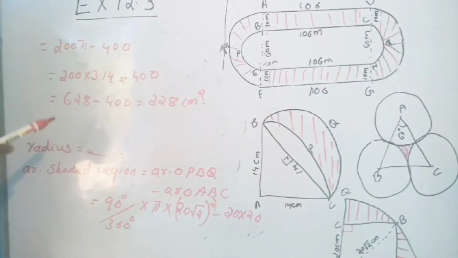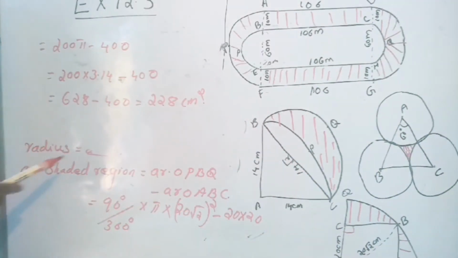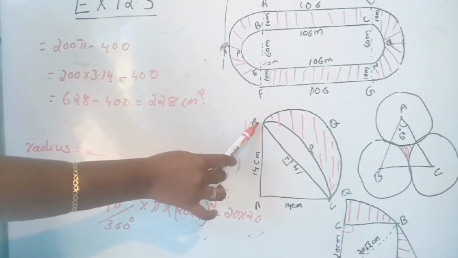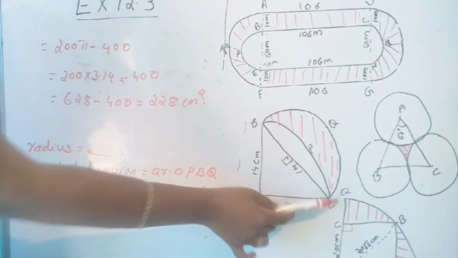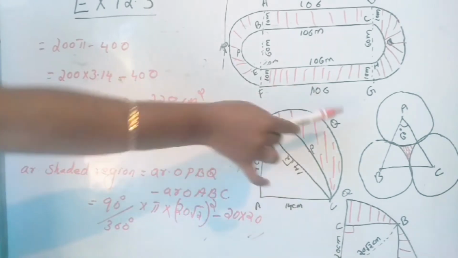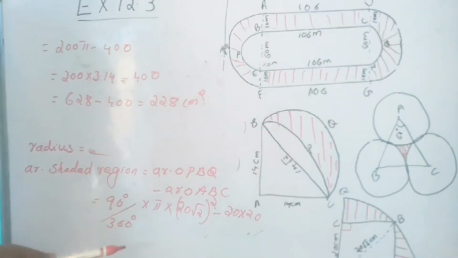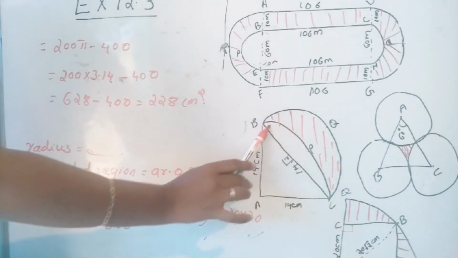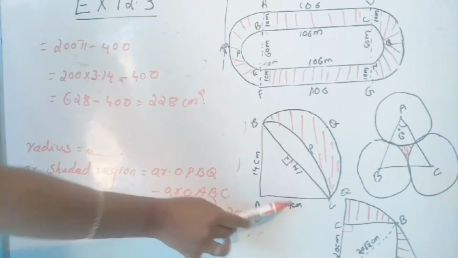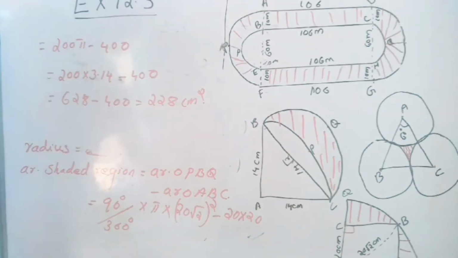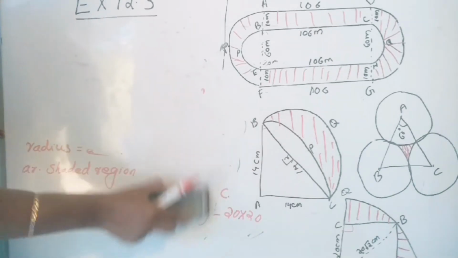This is our quadrant, and this BC is the diameter of the semicircle BQC, and it is given that this quadrant is part of the circle with a radius 14 centimeter. That is given in the question.